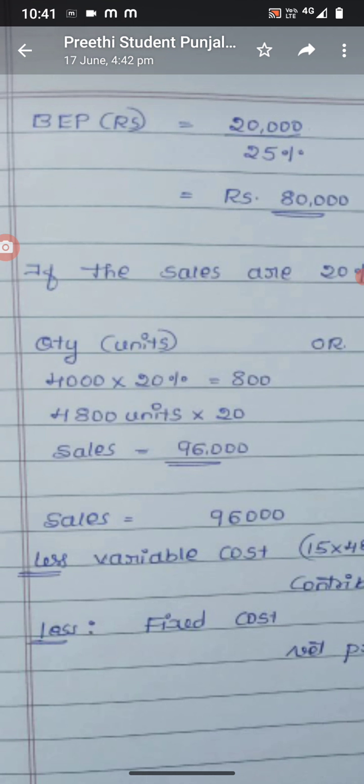So 4,000 into 20%, how much do you get? You will get 800. So that means 4,800 in total, into 20 rupees sales price per unit. Quantity into sales price per unit, so sales you will get is 96,000.